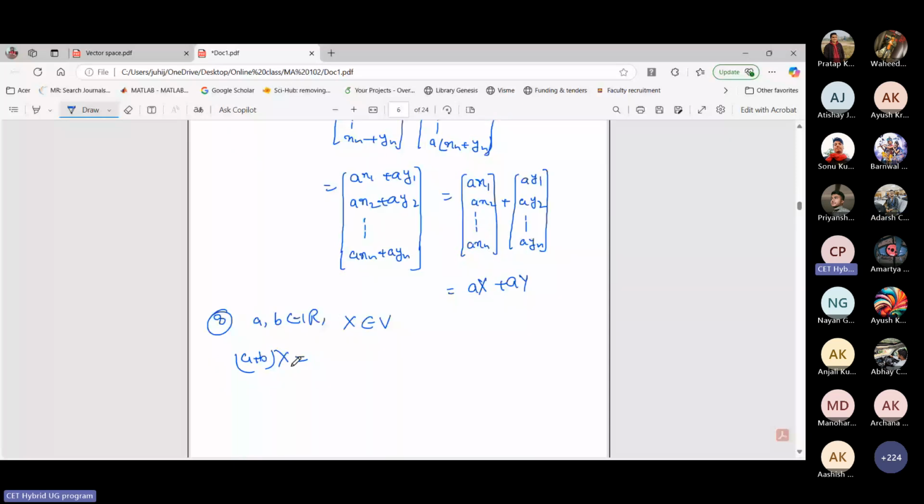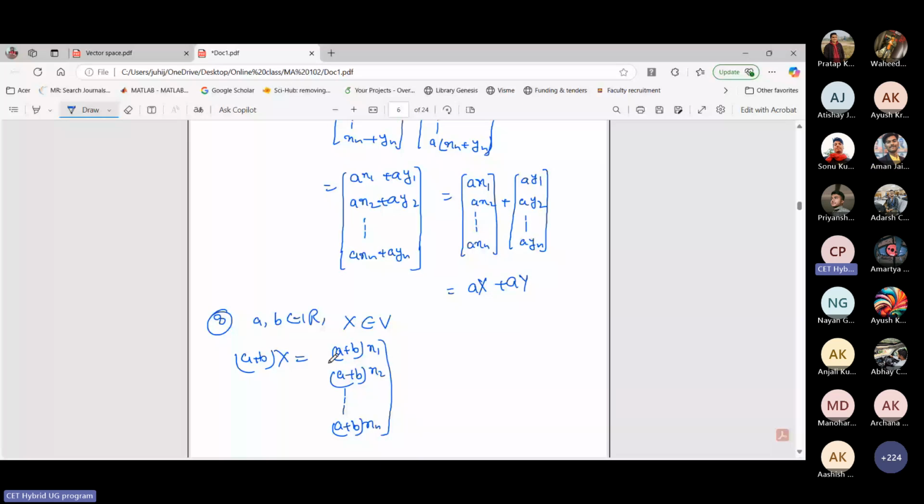A plus B will be a scalar. This will be A plus B into X1, A plus B into X2, A plus B into X3, dot dot dot, A plus B into Xn.